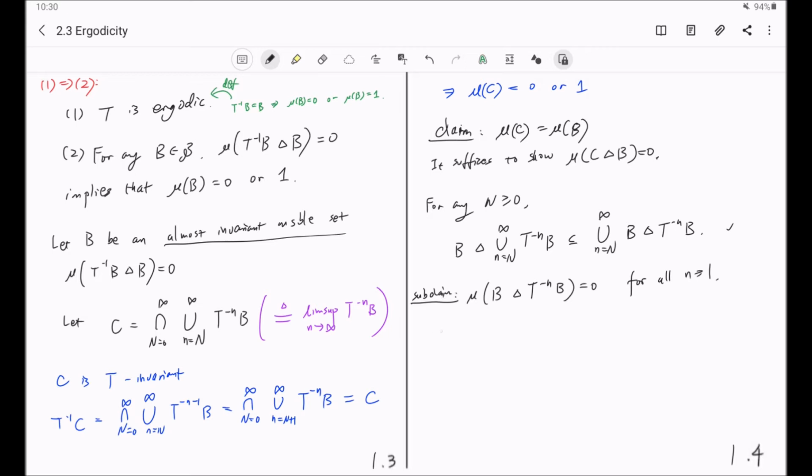To show this, you need to observe that the symmetric difference of B and T raised to the power negative n applied to B is a subset of this union, i from 0 to n minus 1, of the members T negative i B symmetric difference T negative i plus 1 B.